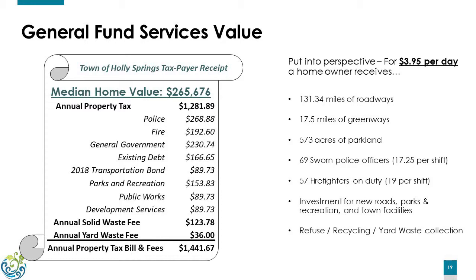17 and a half miles of greenways, 573 acres of parkland, 69 sworn police officers, about 17 per shift, 57 firefighters on duty in that particular day, 19 per shift. It also includes investment in roads, new roads, parks and recreation, and town facilities. And then also refuse, recycling, and yard waste.